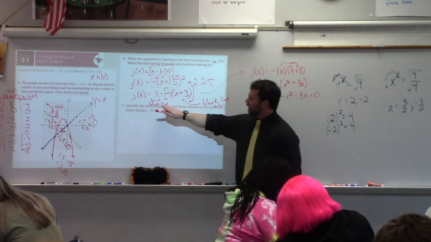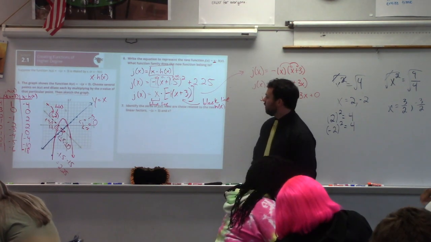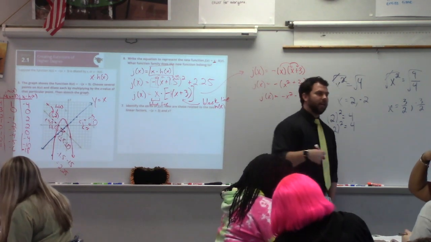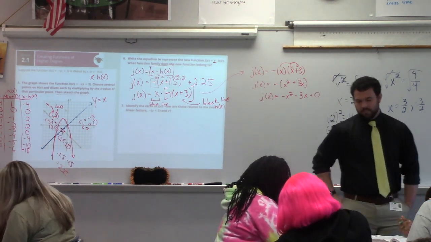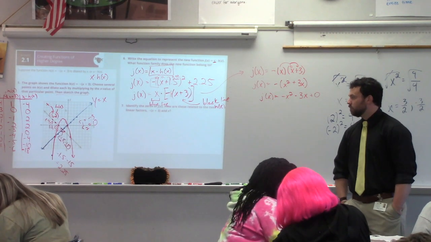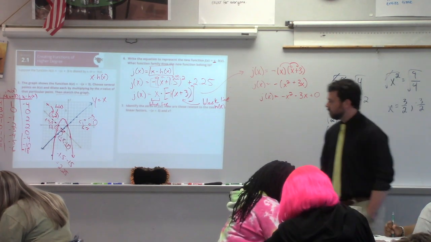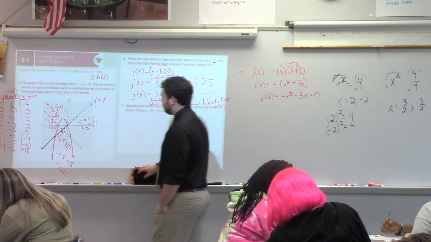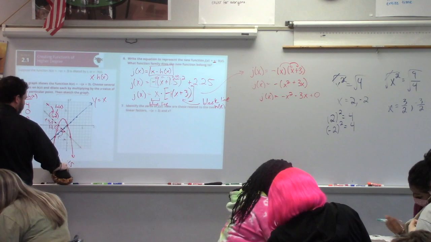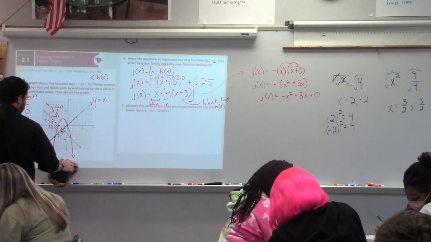So identify the zeros of j of x. How are these related to the two linear factors? I'm going to give you all a minute, and we're going to come back together. Figure out what your zeros are for the parabola, and let's get going.